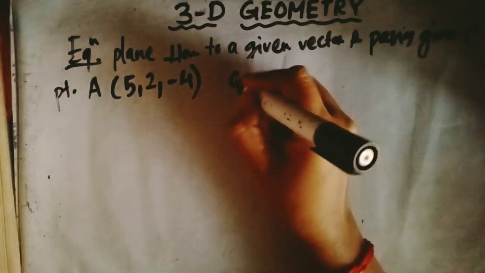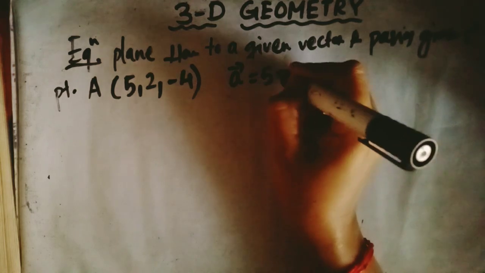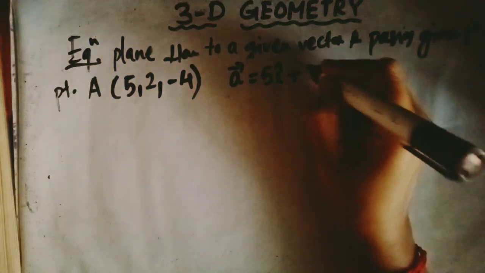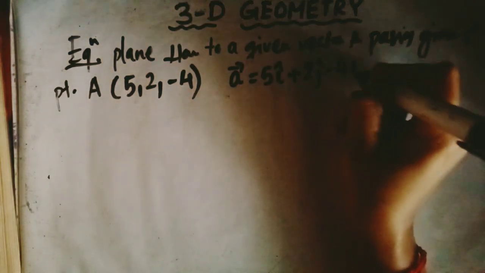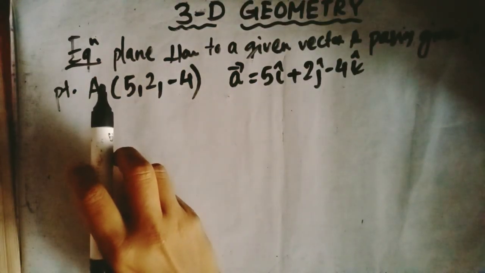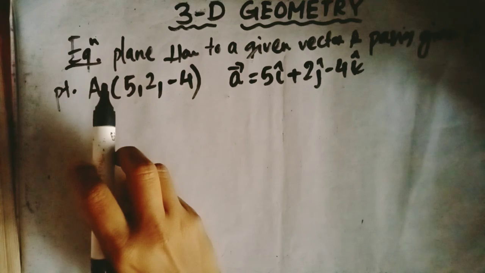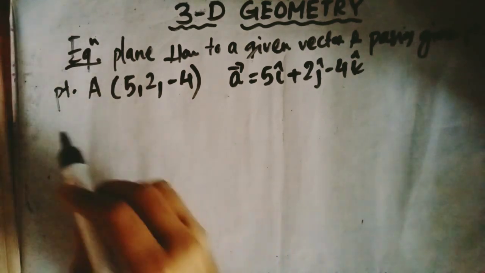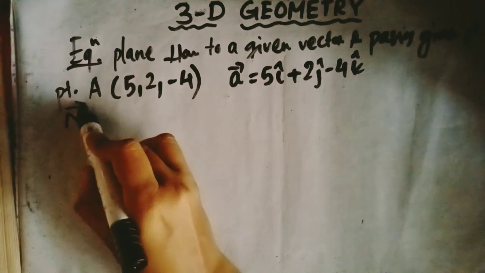So your A vector becomes 5i + 2j - 4k. And it is given that it is perpendicular to the line with direction ratios. So perpendicular means this becomes your N vector.